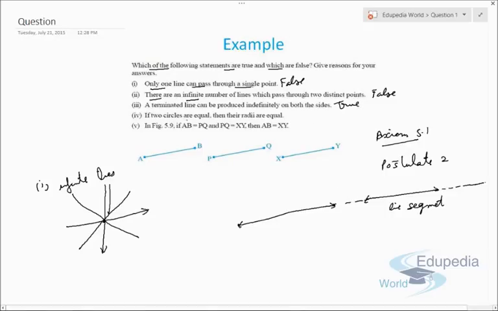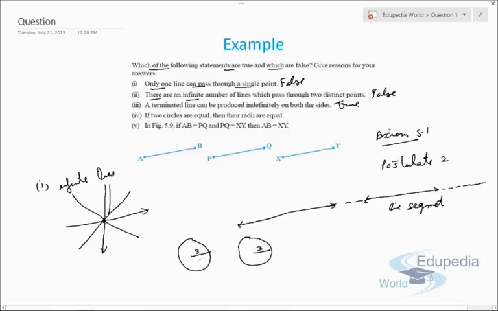If two circles are equal, then their radii are equal. Suppose these are the two circles. Now it says that if two circles are equal, then radii are equal, meaning their radius should be equal. Suppose one has a radius of 3 centimeters and the other also has a radius of 3 centimeters.